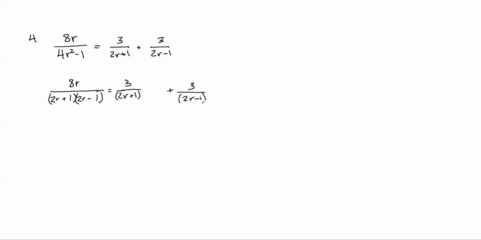Okay, now let's go ahead and figure out, remember two things. We want to know the LCD, and we also want to know what x cannot equal. So if we look at our denominators here, let's do what x cannot equal first. We have 2r plus 1 times 2r minus 1. So 2r plus 1 times 2r minus 1 cannot equal 0.